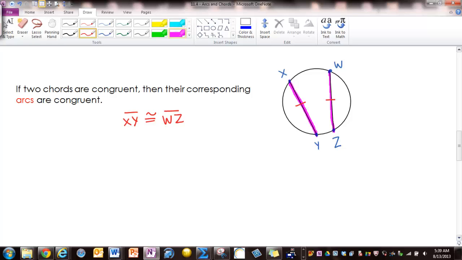Now if we know that's the case, we can say that the corresponding arcs are congruent. So we can say that this arc and this arc are also congruent, and that would be arc XY is congruent to arc WZ. So again, if two chords are congruent, then their corresponding arcs are congruent.